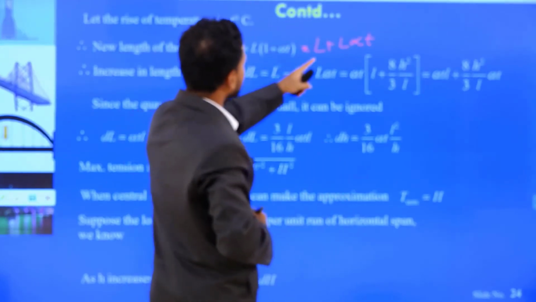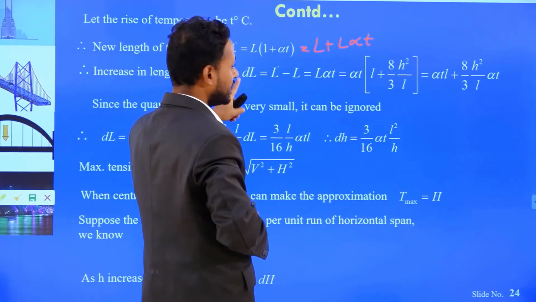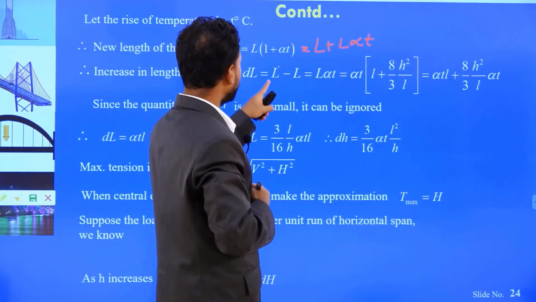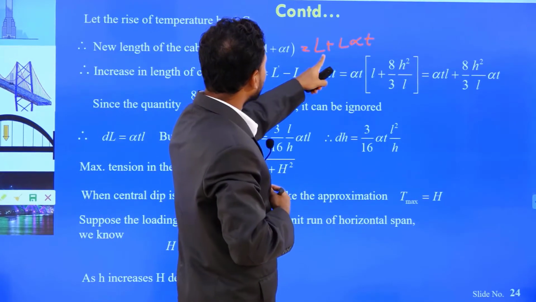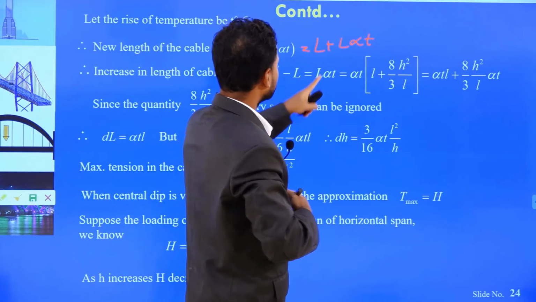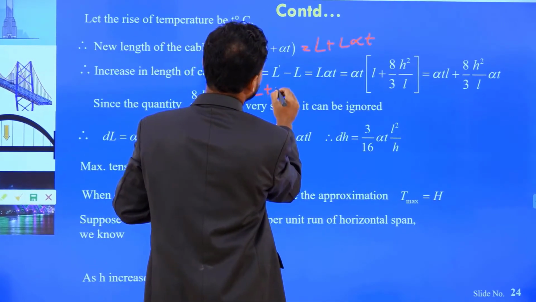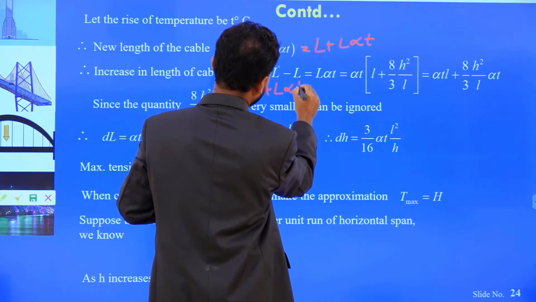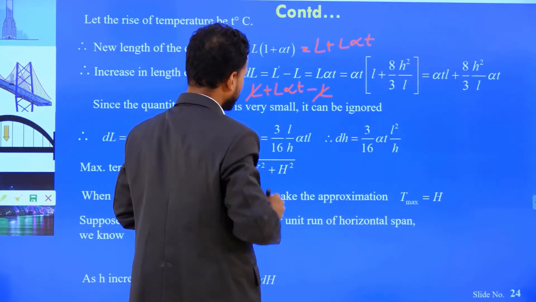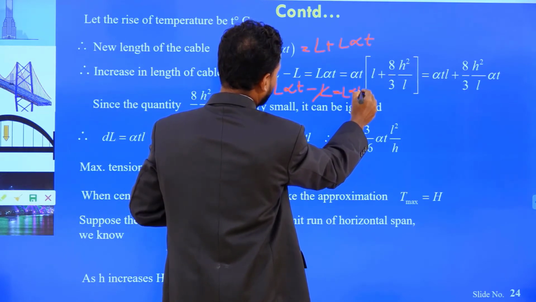So if I find del L, that means the increased length, what is the increased length? Increased length is L dash minus L. So if I subtract L from L dash, I do L plus L alpha T minus L. So this L and this L will be cancelled. So I get L alpha T.